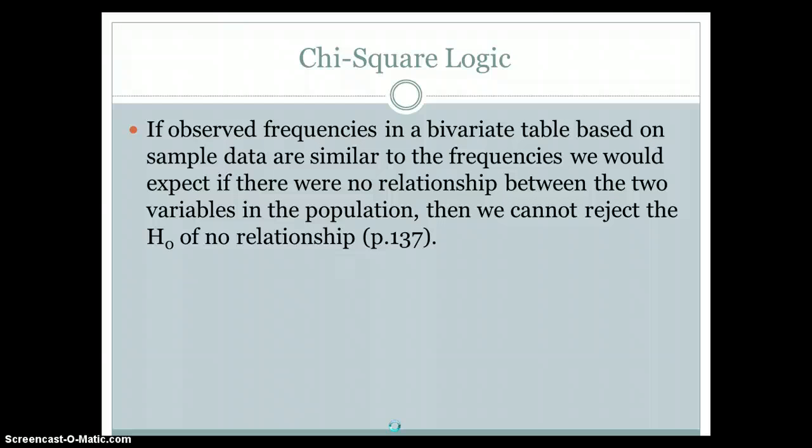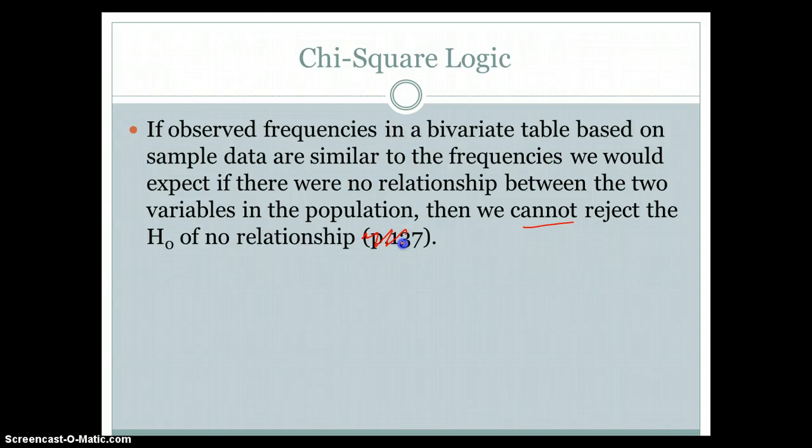So what is the logic behind a chi-square test of independence? Well, if the observed frequencies in a bivariate table based on sample data are similar to the frequencies we would expect if there were no relationship between the two variables in the population, then we cannot reject the null hypothesis of no relationship.